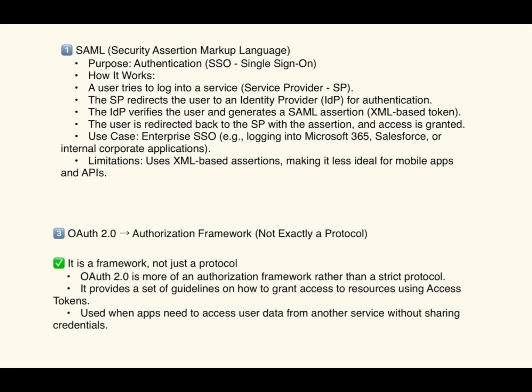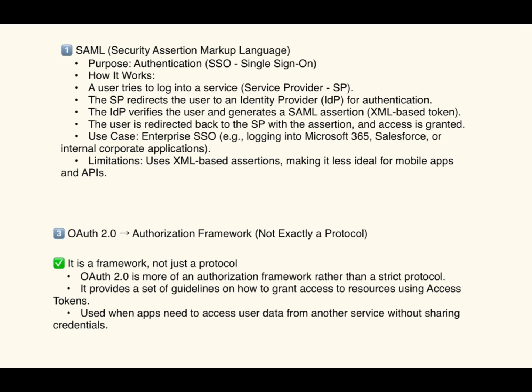So if, while accessing that service or website or application, any external resources are required, then OAuth authorization will come into play. If an application needs to access external resources, for example Google Drive, an API, or third-party services, then OAuth provides an access token that allows the application to access those external resources on behalf of the user.